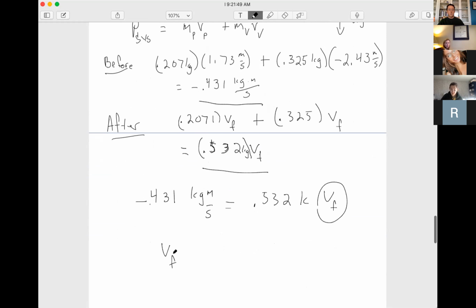I get v final equals, I hit the wrong button, there we go. I'm getting negative 0.810 meters per second.